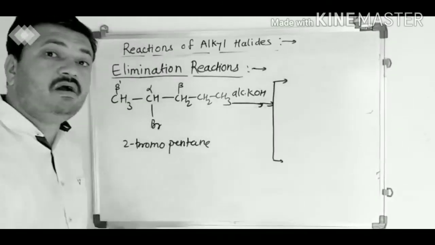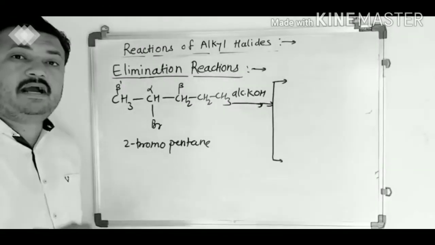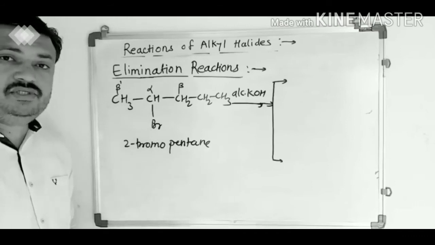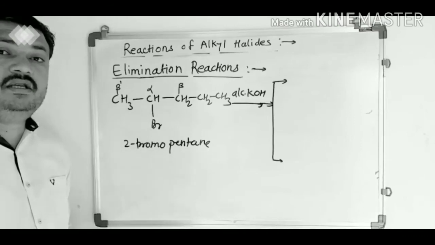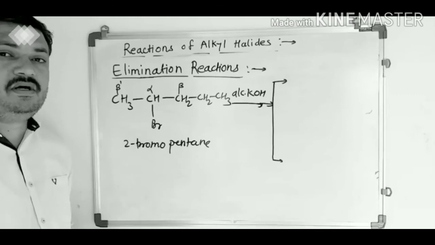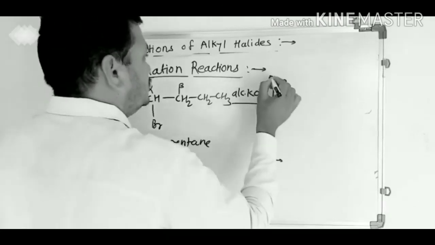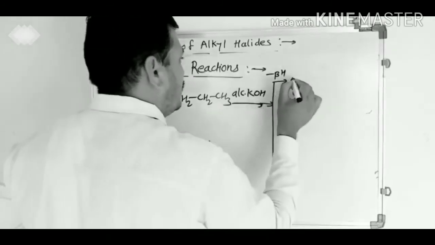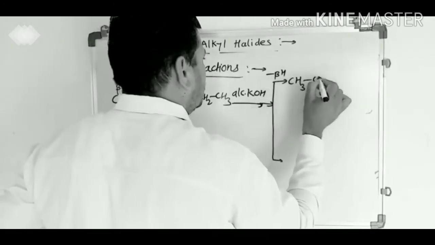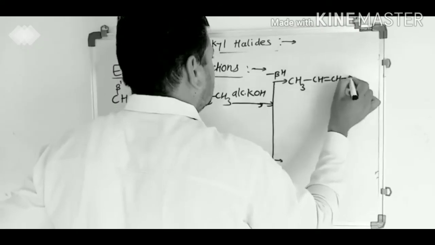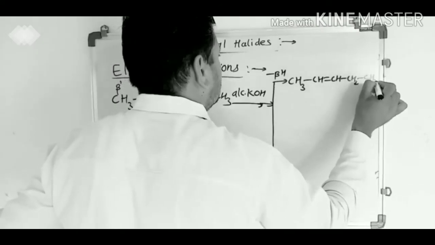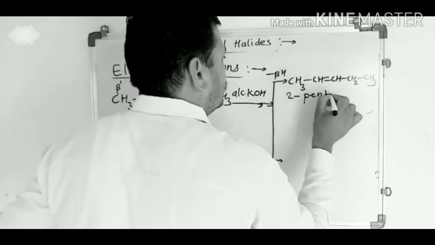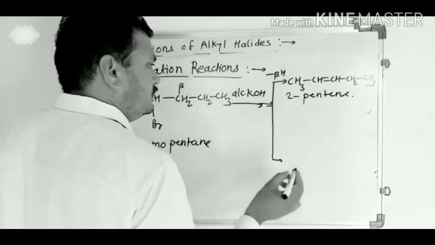Out of that, one product is the major product according to Saytzeff's rule. In an elimination reaction, the more substituted alkene is obtained as the major product. Therefore, first we go for removal of beta hydrogen and we get the product CH3 CH=CH CH2 CH3, 2-pentene.